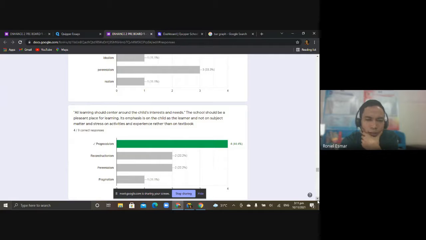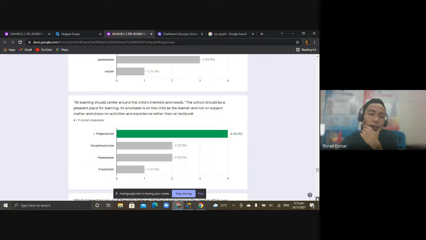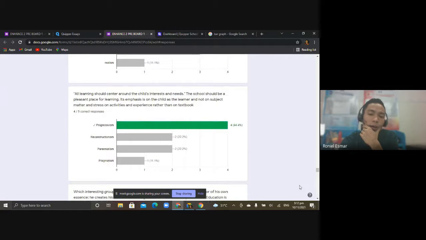Its emphasis is on the child as the learner and not on subject matter, and stress on activities and experience rather than on textbook. So it's progressivism. Anyway, it's the only major philosophy that is student centered among the choices. So obviously it's progressivism.